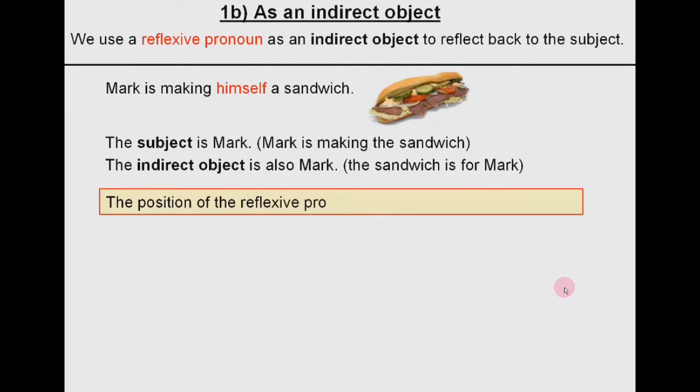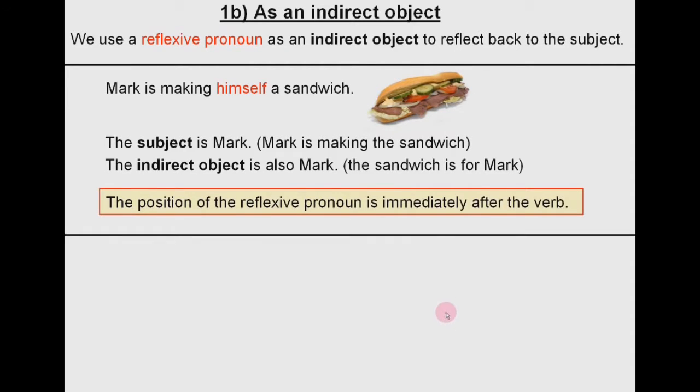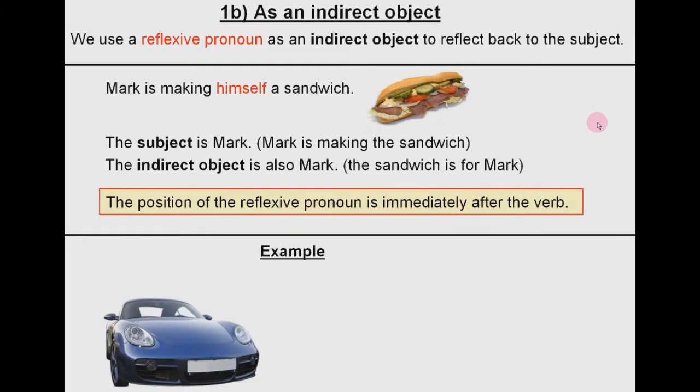Here, again, the position of the reflexive pronoun is immediately after the verb making, and then the reflexive pronoun. Example. My parents have bought themselves a new car.